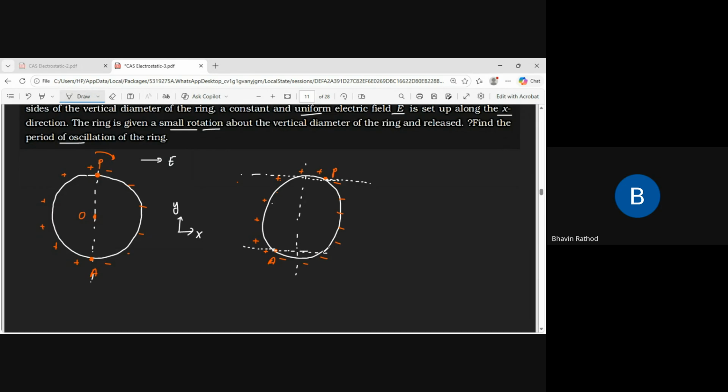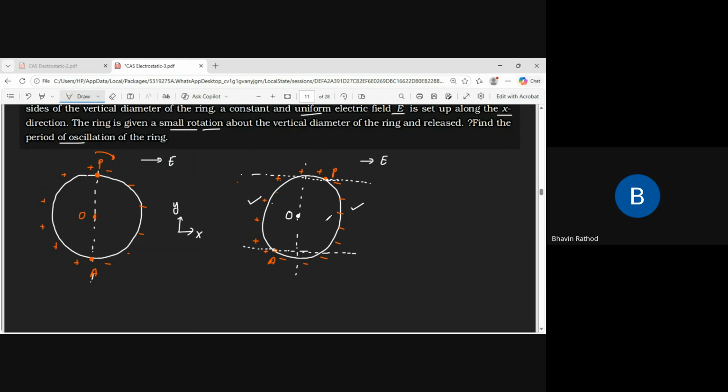The reason I'm doing this is that the charge between the two horizontal lines, which is this charge and this charge, will have forces acting on them such that the torque because of those forces will be 0.